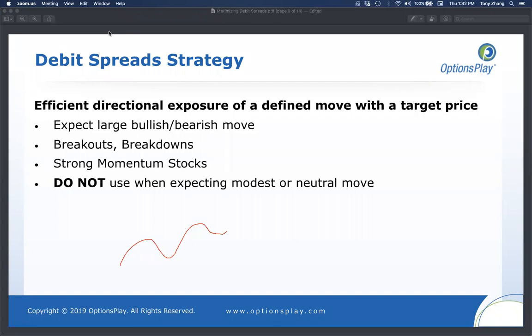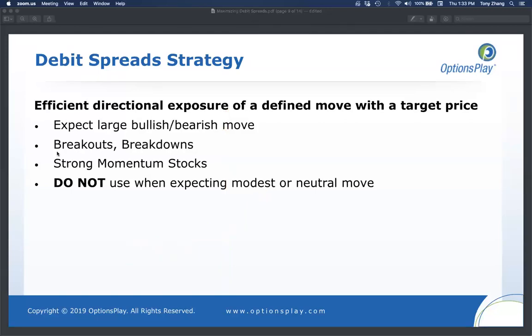But you have a defined move, meaning you believe that there's going to be a move to maybe a previous resistance level or whatever that is. You have a target price on that move, meaning this is not because of an earnings announcement. You're not expecting a quick move either higher or lower because of some kind of announcement. You're expecting more of a directional move based on technical indicators. That's usually a good time to use these types of debit spreads.